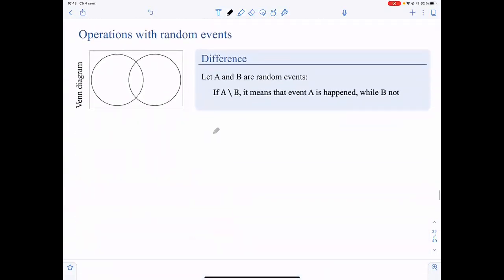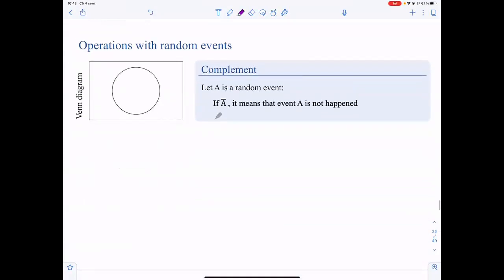A difference, A subtracted B: suppose that only A happens and B never. So only A happens, but B does not happen. This is what the difference says.